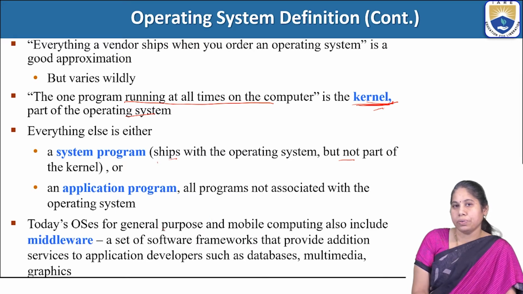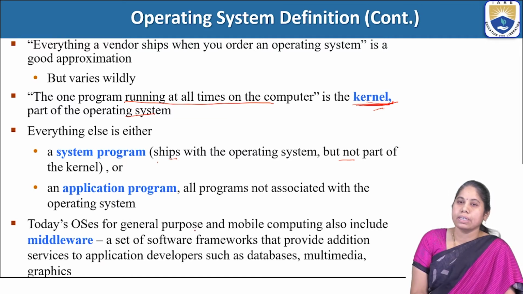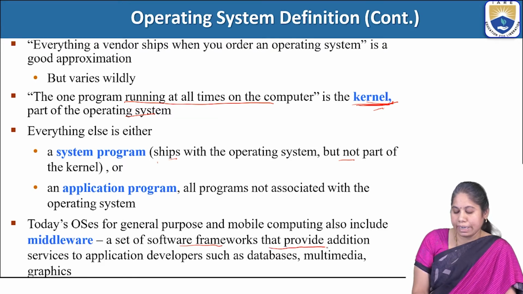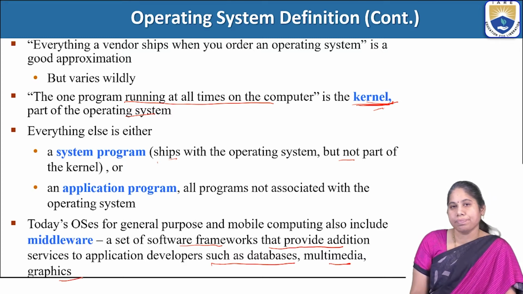And today we are using the OS not only for general purpose, but also for mobile computing, including different middleware technologies. Middleware is a set of software frameworks that provide additional services to application developers, such as databases, multimedia and graphics.